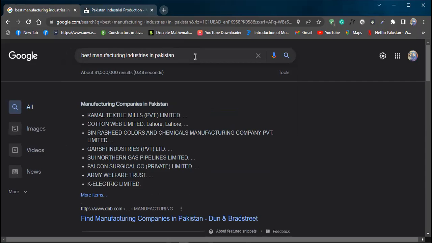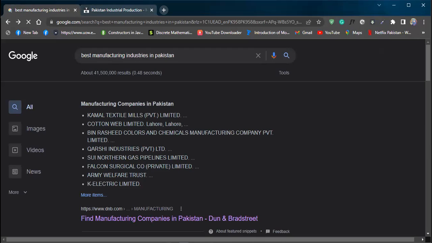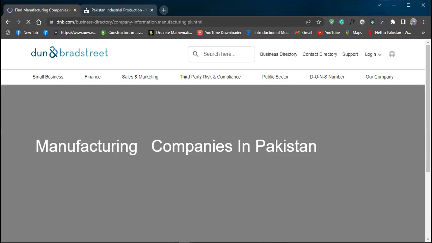Here is the most famous manufacturing company in Pakistan, Kamal Textile Mill Cotton Web Limited, which is located in Lahore, Bin Rashid Colors and Chemical Manufacturing Company Limited, Karshi Industries, Sui Northern Gas Pipeline Limited, Falcon Surgical Co., Army Welfare Trust, K Electric Limited. These are the most famous companies and industries working in Pakistan.